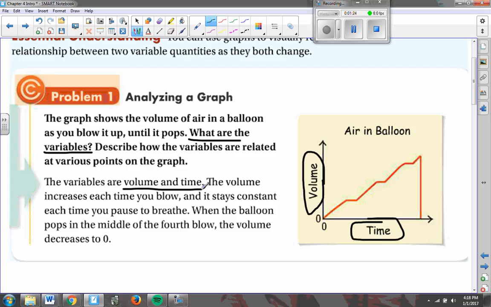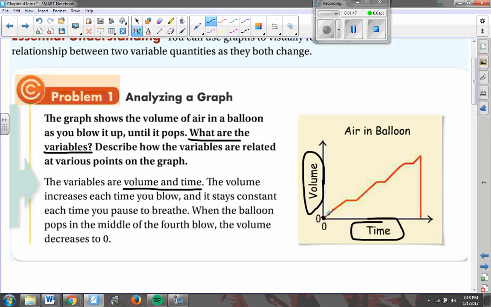And then we need to be able to analyze what's happening in this graph. We have to see this graph and sort of picture what's going on here in real life. Well, we have this balloon that we're continually blowing air into, and it starts down here right when we begin at time 0 with no air in it, right? 0 volume of air.